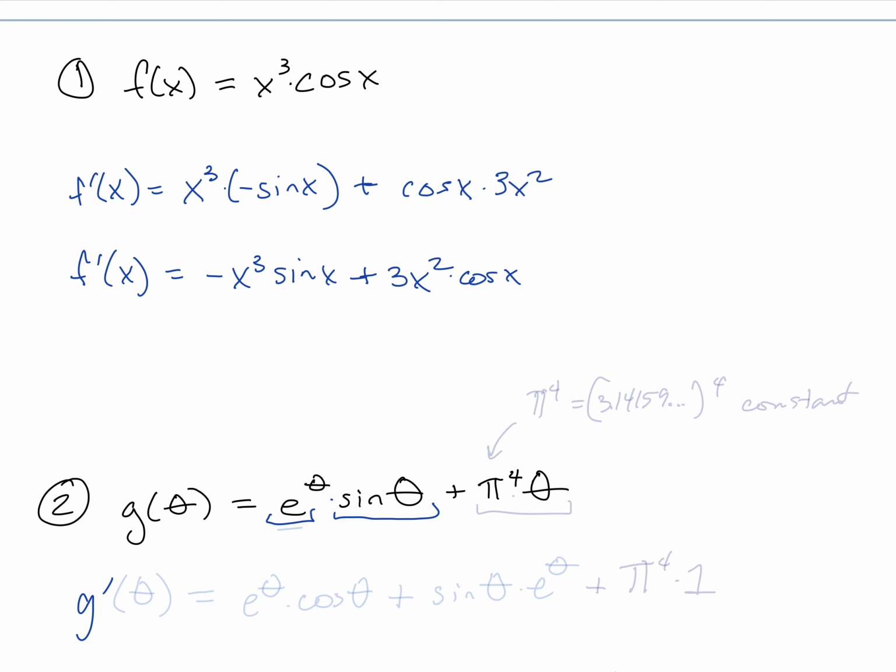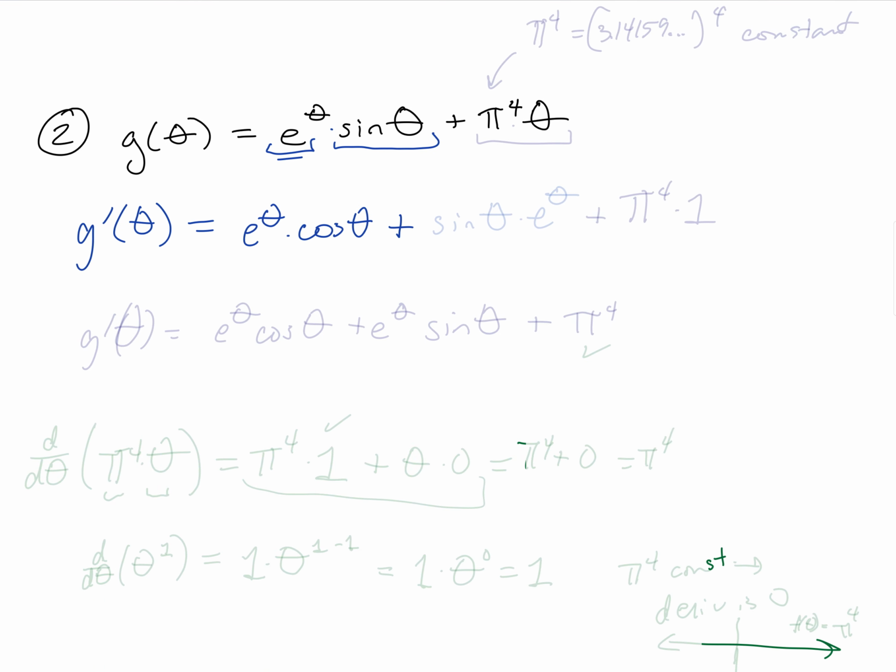So g prime of theta, the first derivative, is equal to our first function, e to the theta, times the derivative of sine theta, which is cosine of theta, plus the second function, that's sine of theta, times the derivative of our first function, that's e to the theta. So the derivative of e to the anything is just e to that anything. So that is the derivative of the first piece.